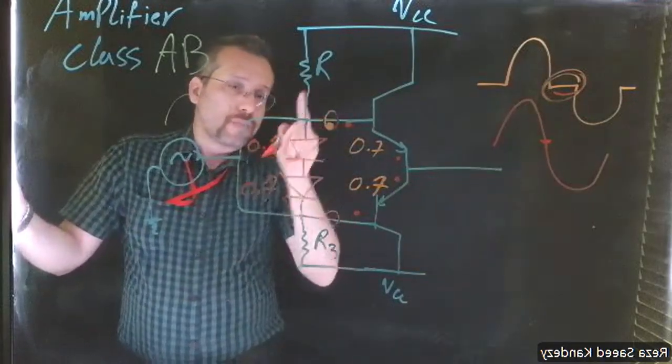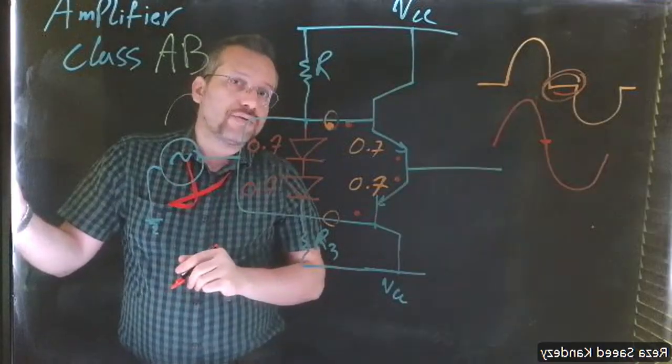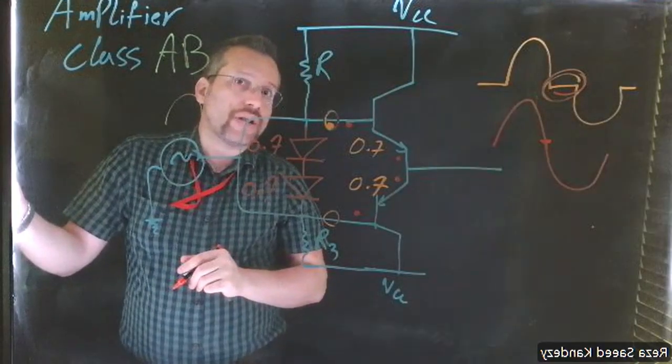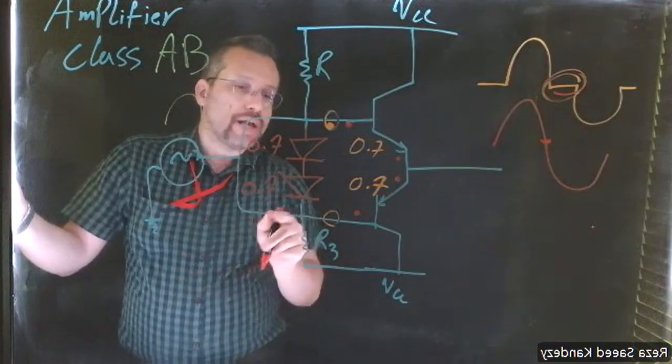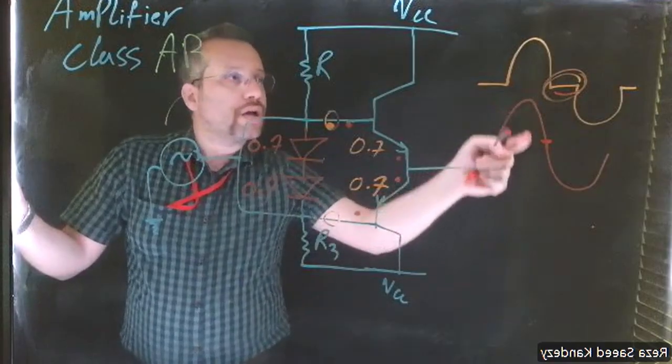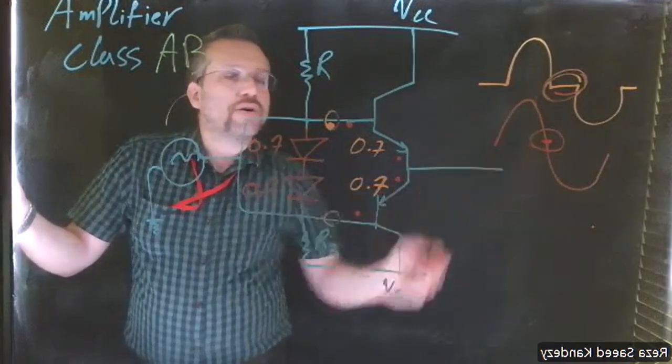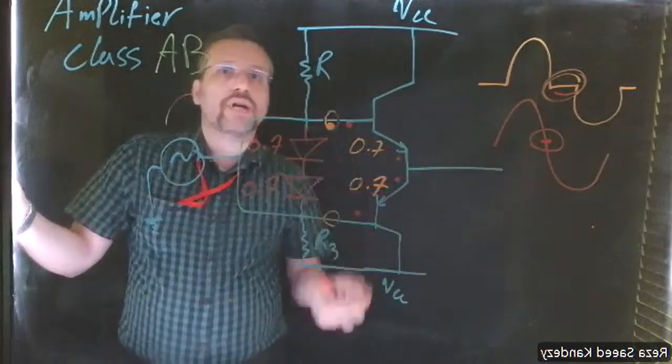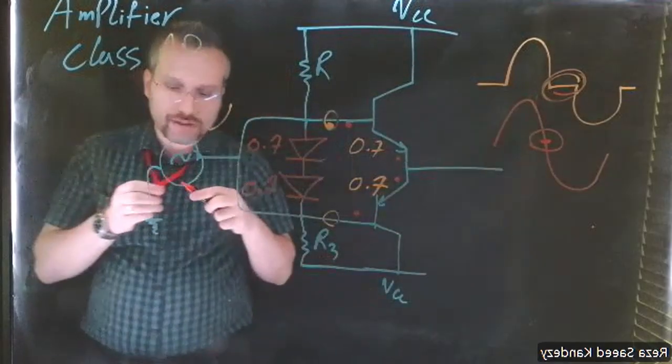Now, let's add these two diodes to our class B circuit and see how it improves the zero crossing distortion that we saw in the previous test.